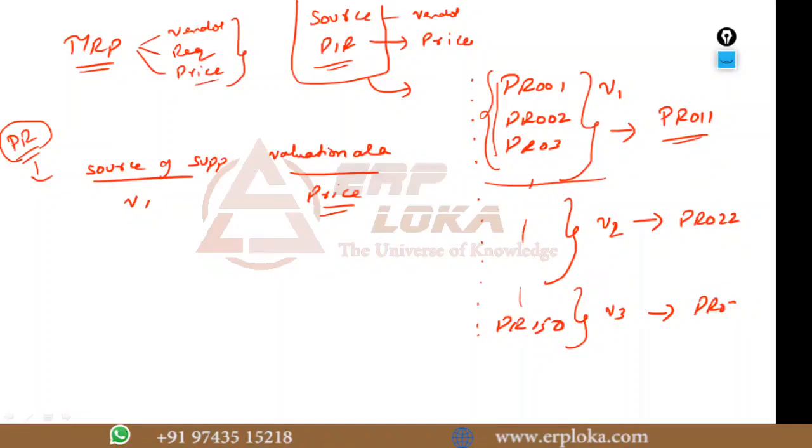So now you have 9 PRs here, and these 9 PRs got converted to 3 PRs. Each PR can be converted into one PO, as the vendor is the same. The system identifies for which PRs the vendor is the same, and based on that, PR clubbing happens here. You need to think of the solution based on the client requirement.